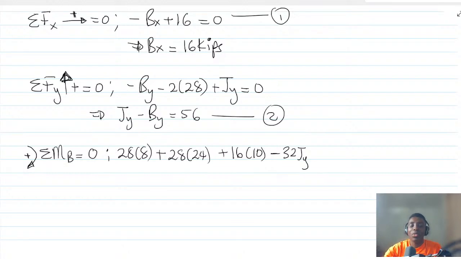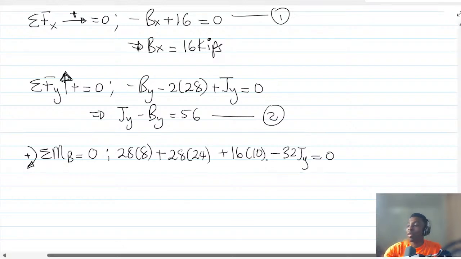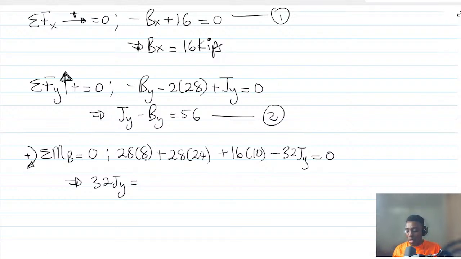Now this should be equal to 0. We'll be able to calculate JY, which means that 32 JY will be equal to, let's put everything together: 28 times 8 plus 28 times 24 plus 16 times 10.